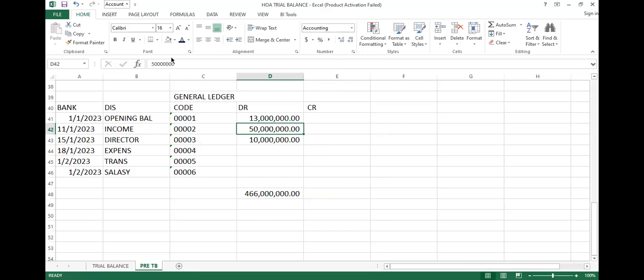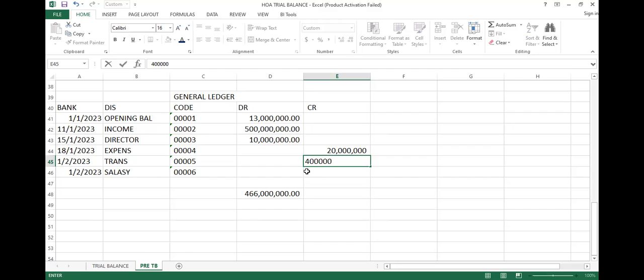So let's call this one 500 million. So let's call this expenses that is going out 20 million naira. Transportation, let's call it 4 million naira. Salaries we paid, the money is going out. Let's call it 15 million naira.